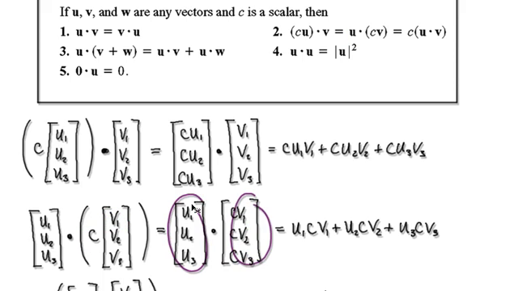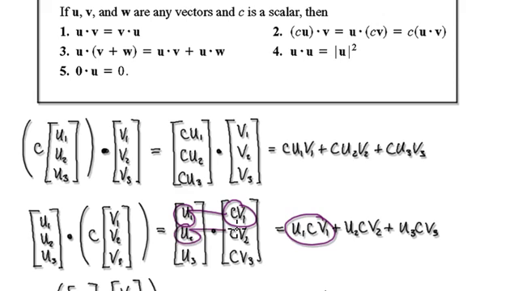Now dot the two together. This times this gives you this, and so on for each component. Bear in mind that c is just a number, u is just a number, and v is just a number.